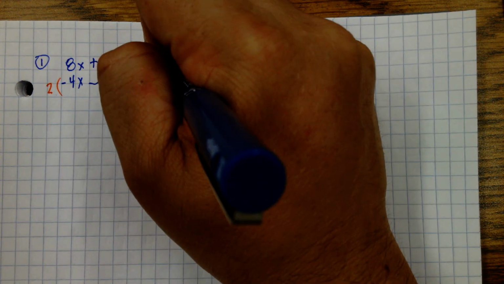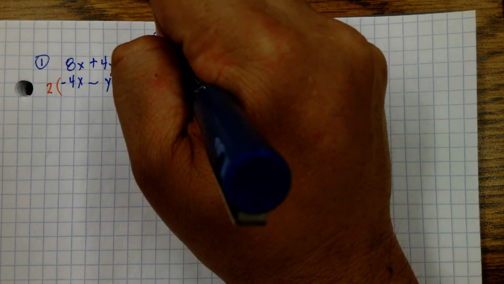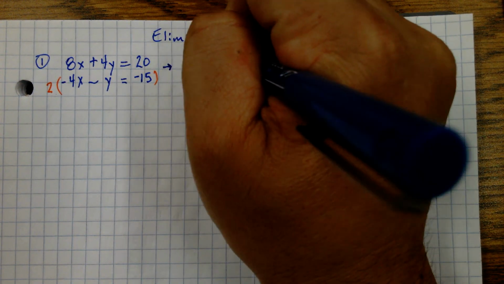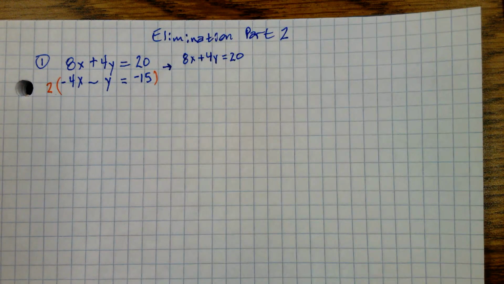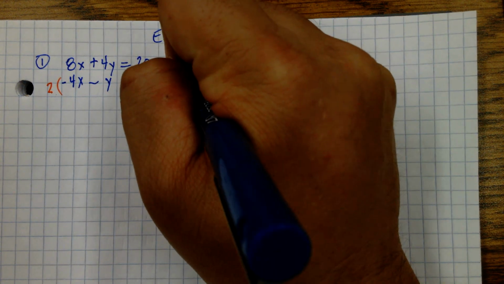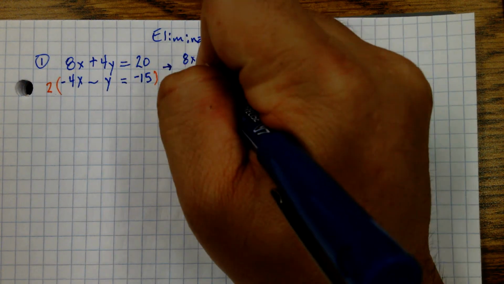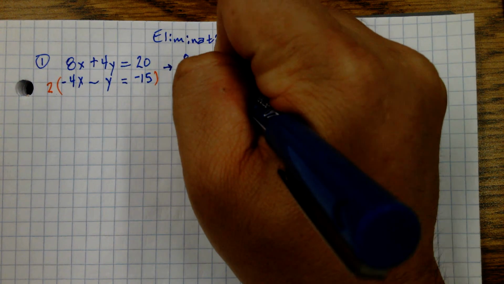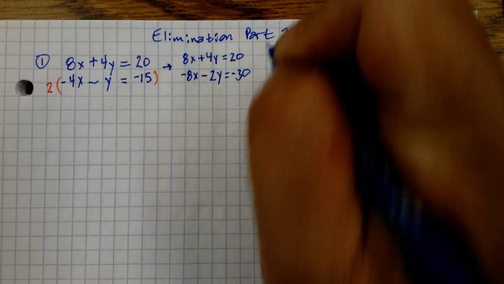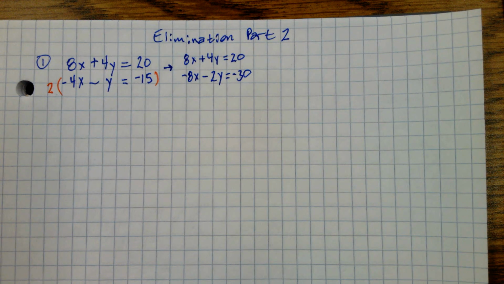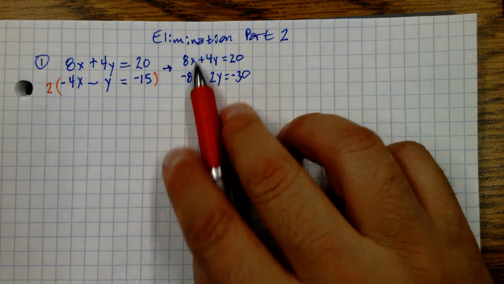Okay? And so I keep 8x plus 4y equals 20. My new equation here is negative 8x minus 2y equals negative 30. Okay? And now we can get rid of these opposites.